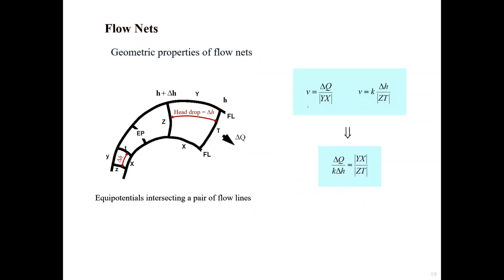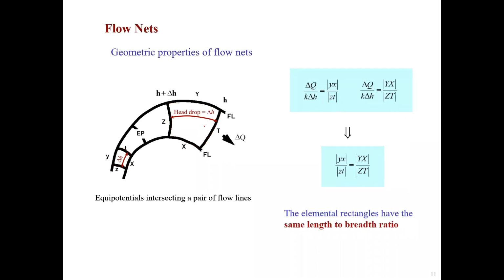According to the previous two expressions, we get a similar formula, ΔQ divided by kΔH equals absolute capital YX divided by absolute capital ZT. So now we have the expressions for both the small element and the large element. These are typical elements within a flow net.